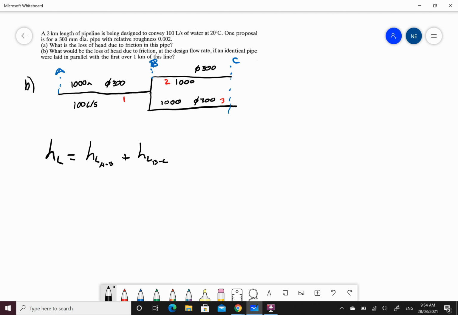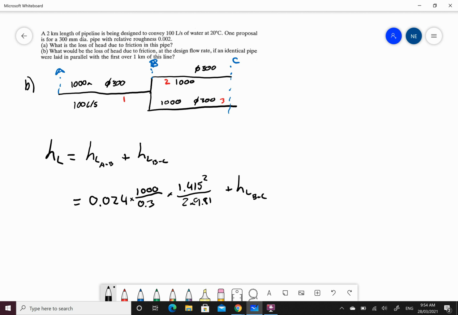We worked out our friction loss here before, which was equal to 0.024, L now changes to 1,000 meters, times 1.415 squared all over 2g, plus whatever this head loss here is.